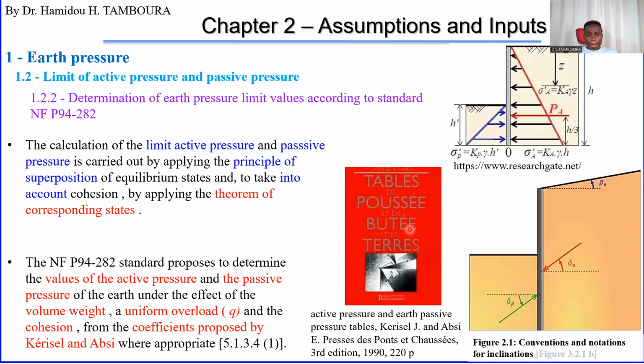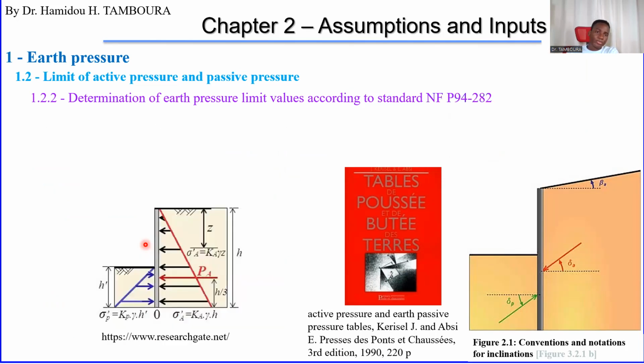And then here it says that these values are obtained by using the theorem of superposition. It means you use the effect of unit weight plus the effect of the charge, the overloading, plus the effect of cohesion, exactly like the formula of Terzaghi for bearing capacity of shallow foundation.